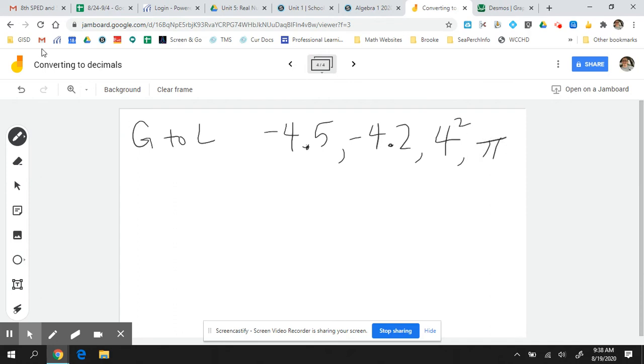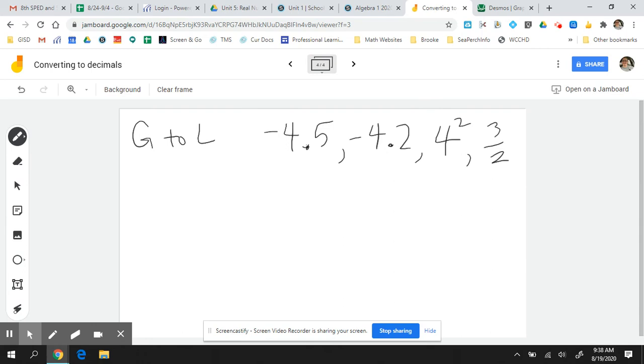All right, so, well, you know what? Let's not do pi. Let's do a fraction. 3/2. Okay, so we want to make them all into decimals.